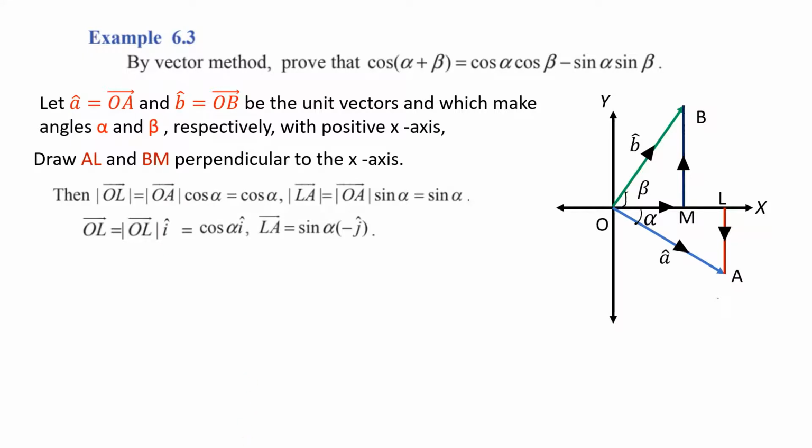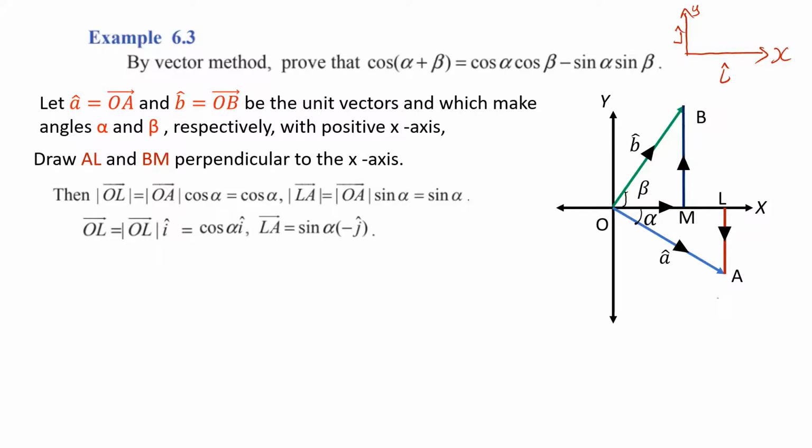So what is i cap? I cap is, this is your x-axis. I cap is a unit vector in the x-axis, and j cap is the unit vector in your y-axis. Okay, they're not to scale, but just for your reference. So i cap is a unit vector in the x-axis and j cap is a unit vector in the y-axis.